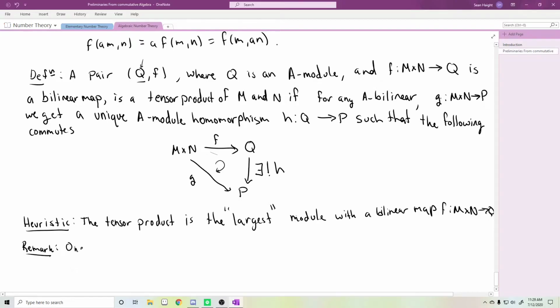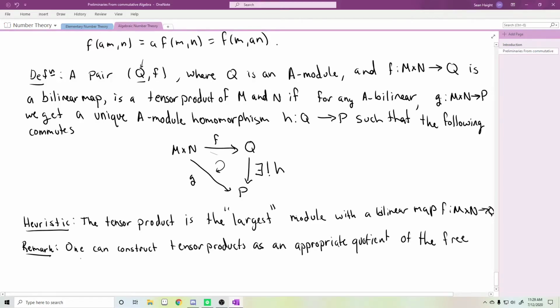One can construct tensor products as an appropriate quotient of the free module generated by M cross N, the free A module on the set M cross N.